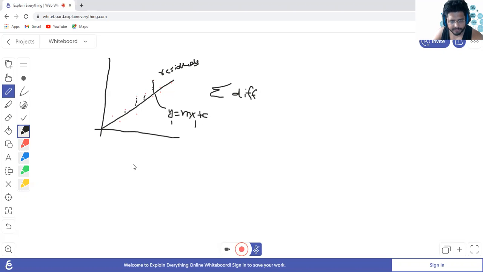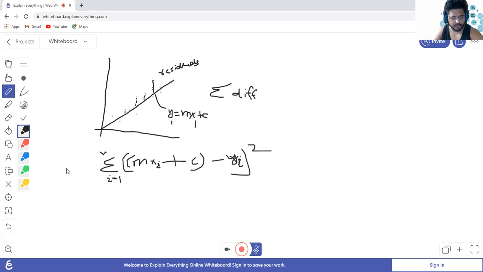So it will give you something like (mx1 plus c minus y1) squared. You do a sigma of this, where i is equal to 1 to n.